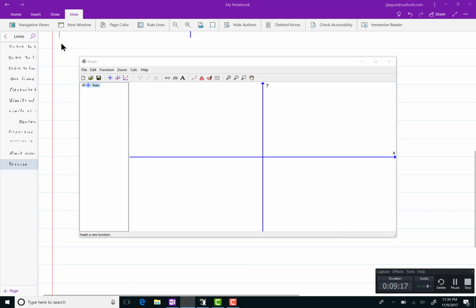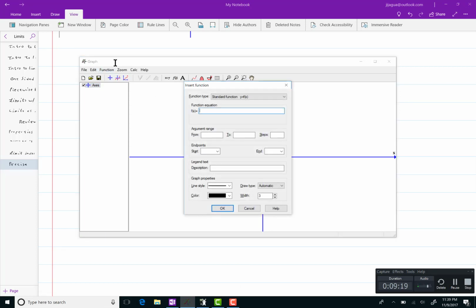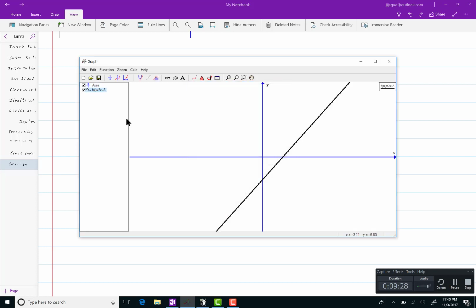Insert function. Let's do 2x minus 3. A line. I can't think of anything easier to start off the discussion with. I do not want to show that thing, so I will hide that.